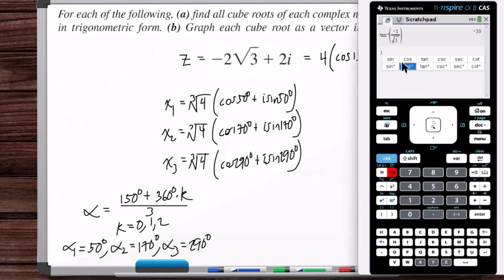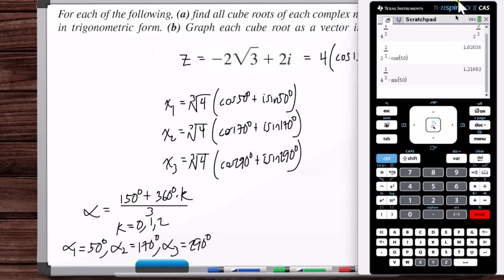So we'll start with, let's see, 4 to the 1/3 times cosine 50, and then 4 to the 1/3 times sine 50.